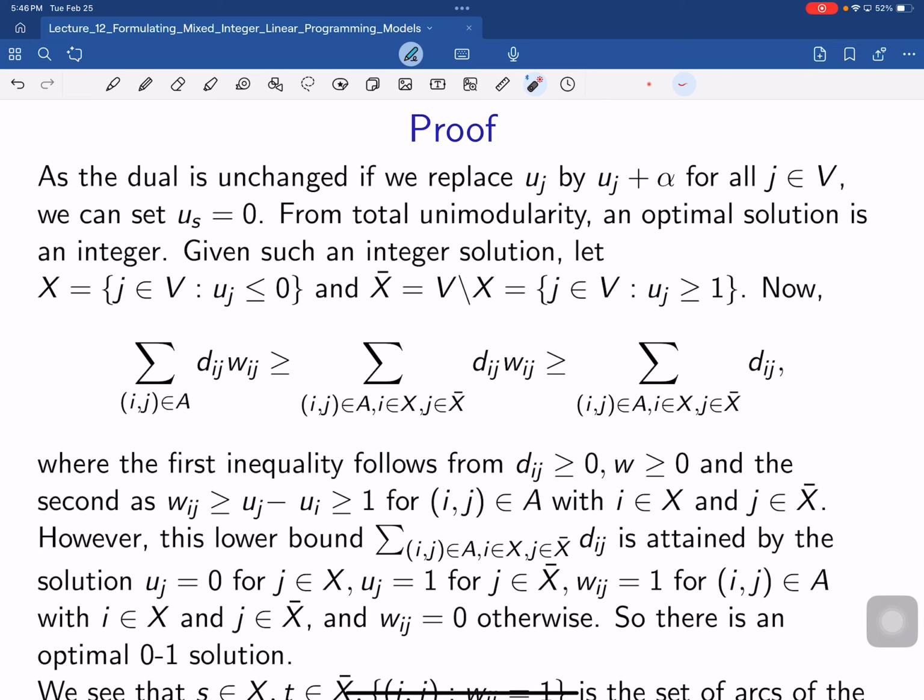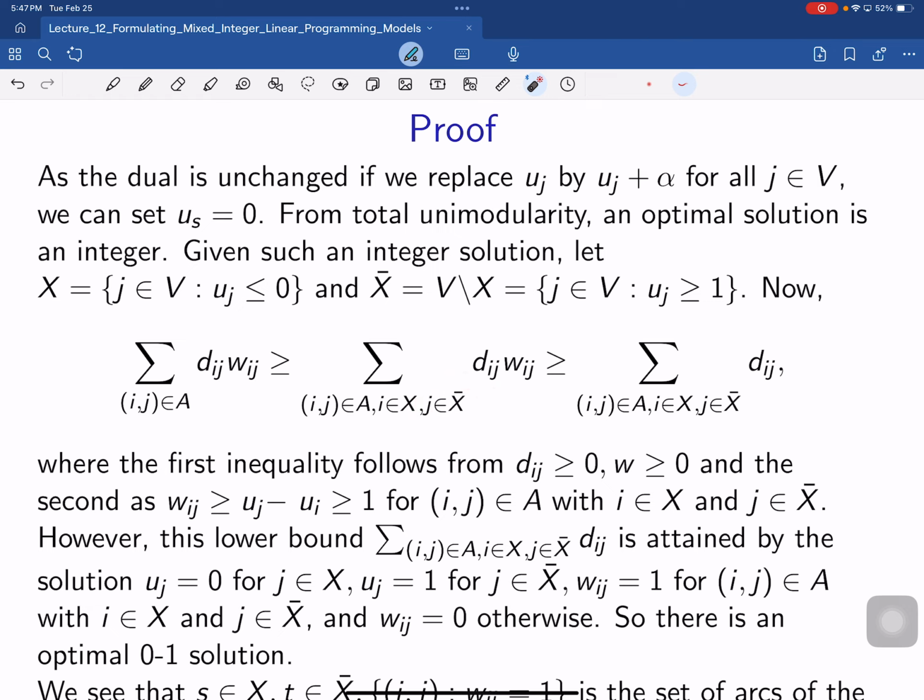Okay, so now we have these two inequalities corresponding to the objective function, where the objective function is the sum of dij, wij over all the edges in the graph. Now the first inequality will hold where we pick all the edges in the graph, but the first node has to be in the set X, and then the second node has to be in the set X bar.